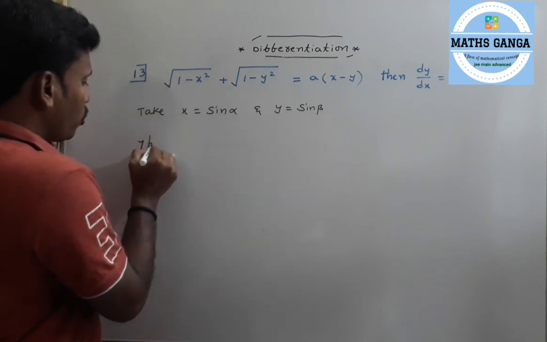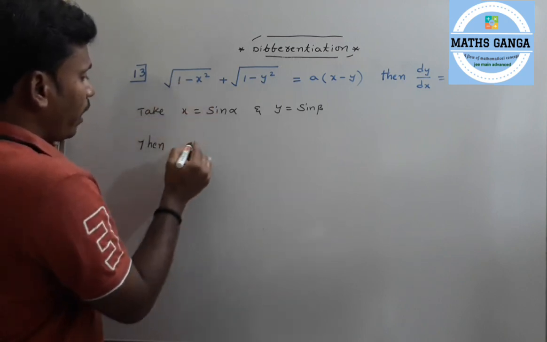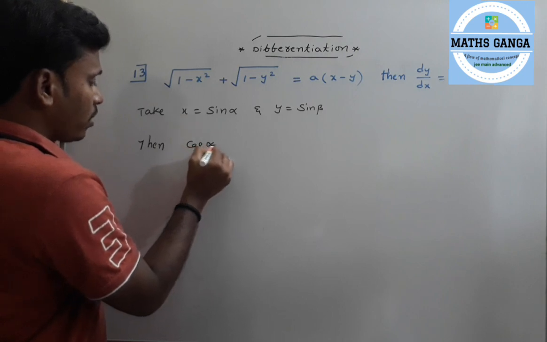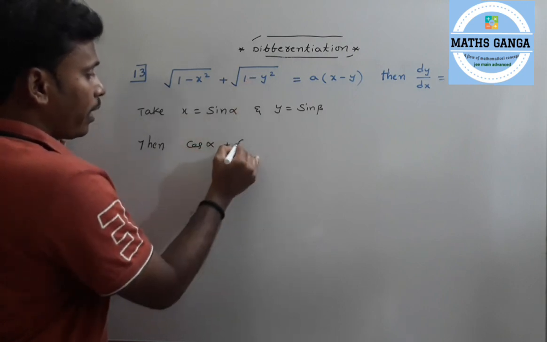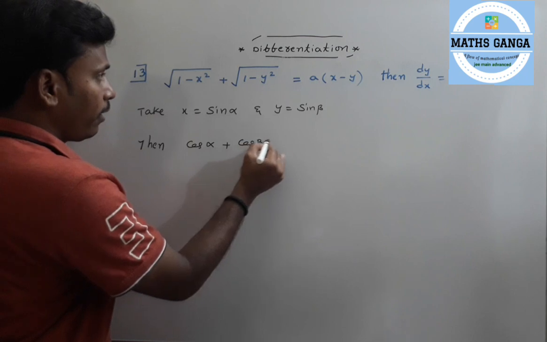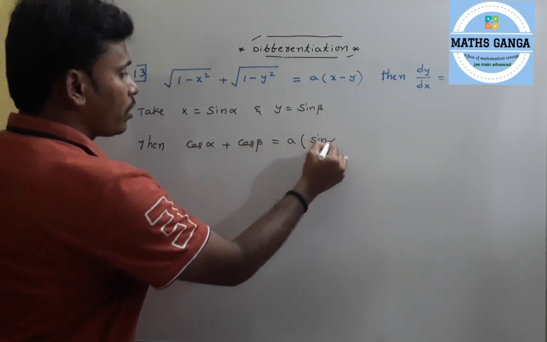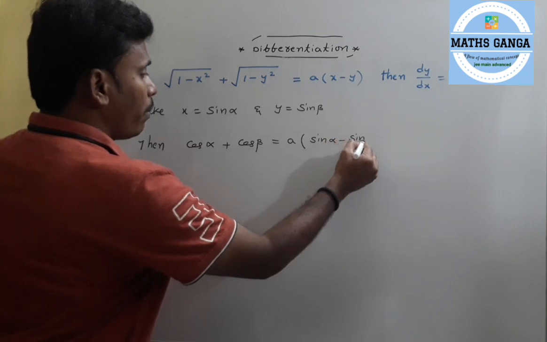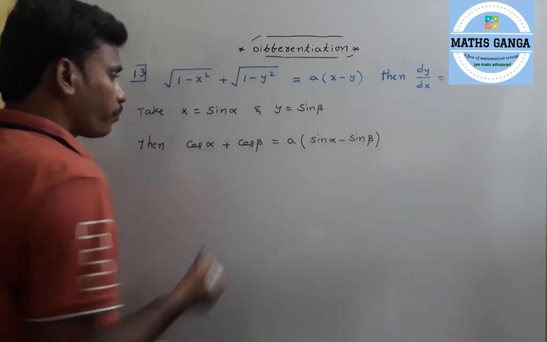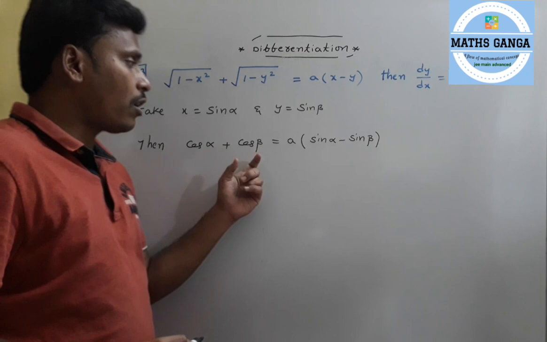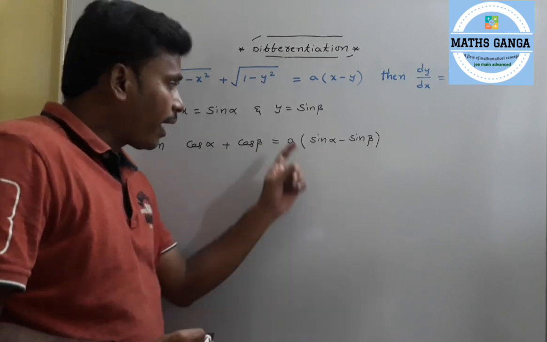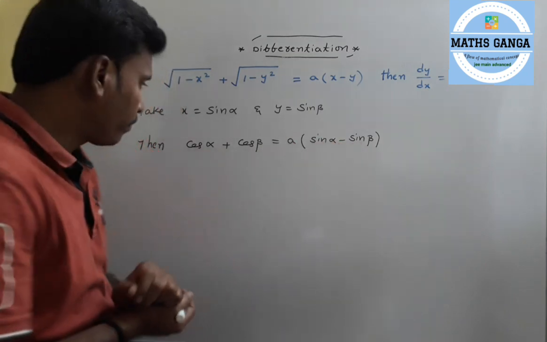So with this substitution we have root 1 minus x square as cos alpha plus root 1 minus y square as cos beta is equals to a times x minus y, which is sine alpha minus sine beta. So cos alpha plus cos beta is equals to a times sine alpha minus sine beta.